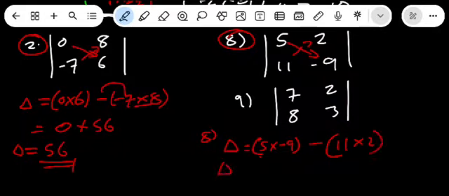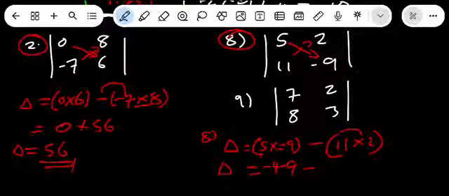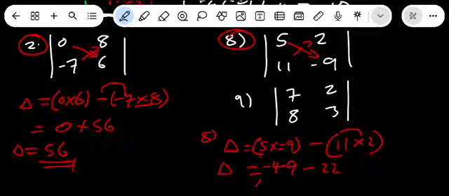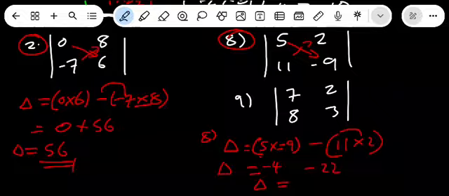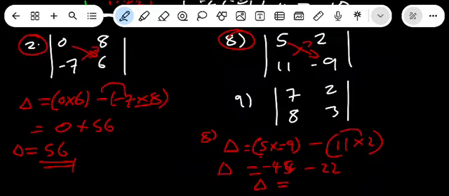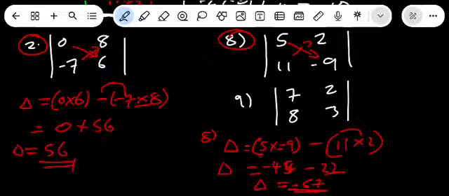So this determinant will be 5 times negative 9, which is negative 45, it cannot be 49, minus 11 times 2, which is 22. So negative 45 minus 22 is negative 67.